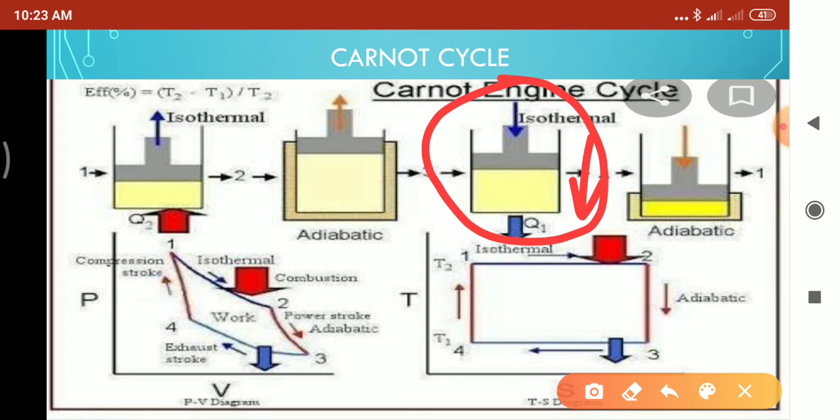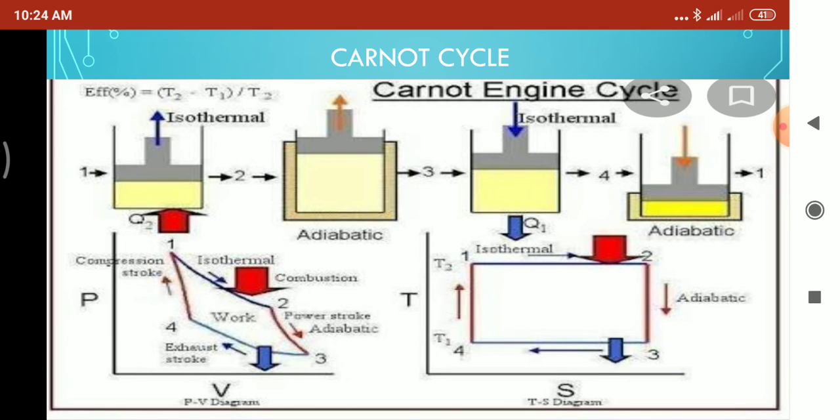Now remove the insulating cap from the bottom of the cylinder and bring the cold body to the bottom of the cylinder. Now what will happen? The cold body will absorb the heat from the gas. Due to that, the volume decreases from V3 to V4 by keeping temperature constant at T3 to T4. This is called isothermal compression.